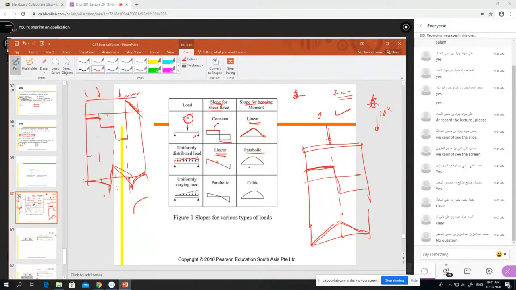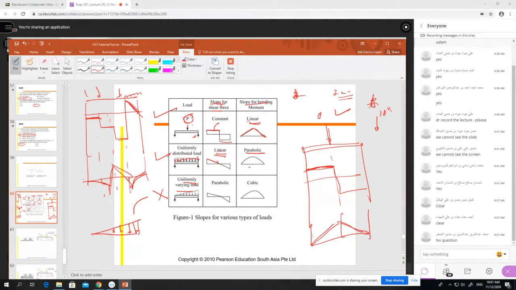Now, if our load diagram is like this, I didn't show you an example for a uniformly varying load, but I will show you after one or two minutes.